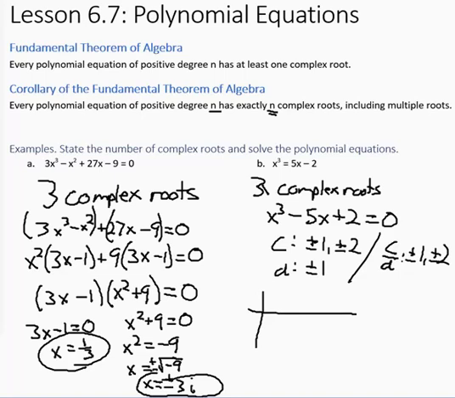So we have 1, x cubed, we have 0, x squared, so we're going to put a 0 in here. Negative 5 and 2. Let's try using 1, so we bring down our 1.